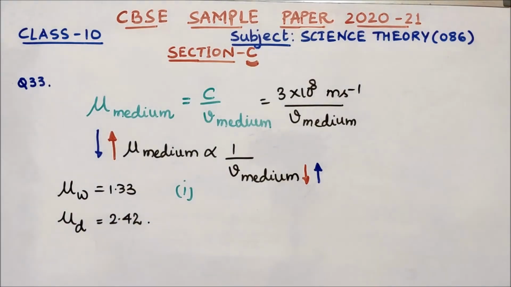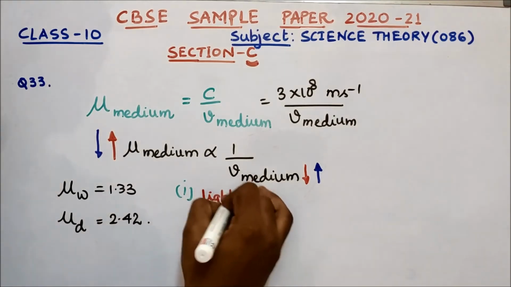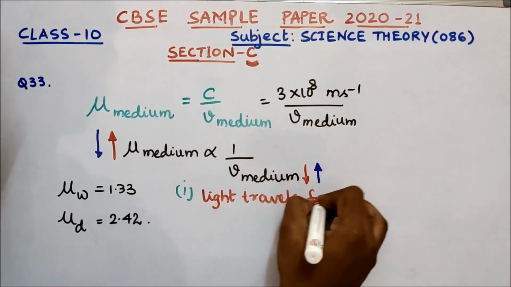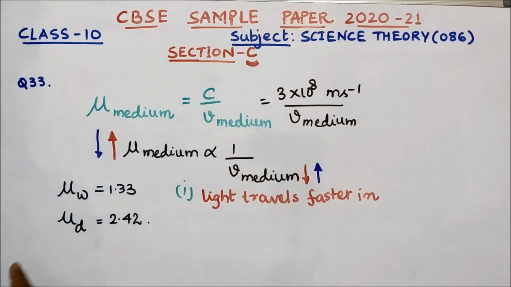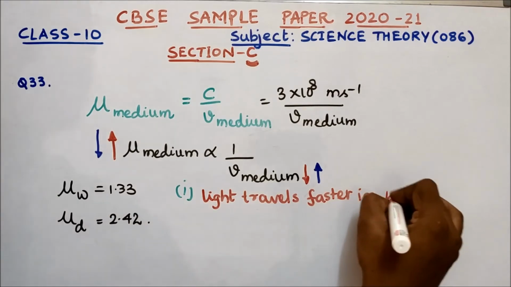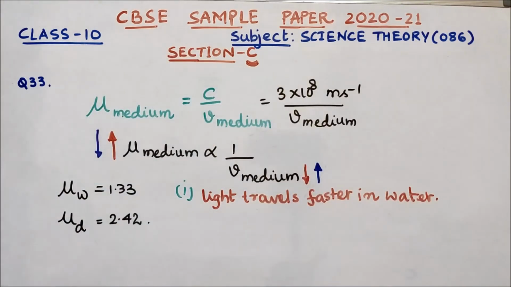So what is our answer? Our answer, I am writing it in red color: light travels faster in water.